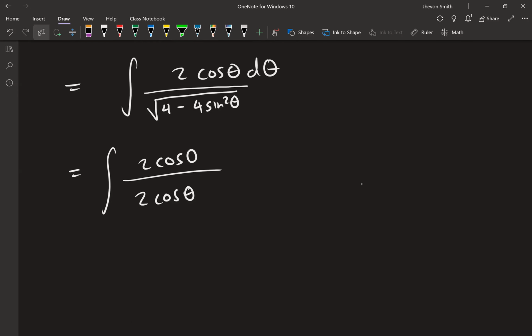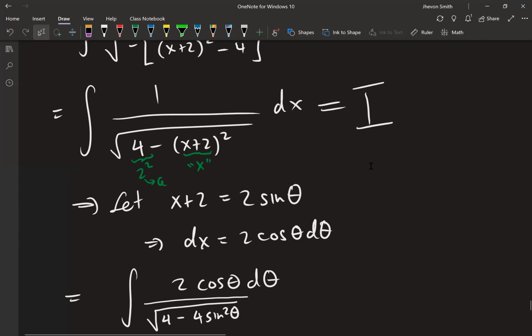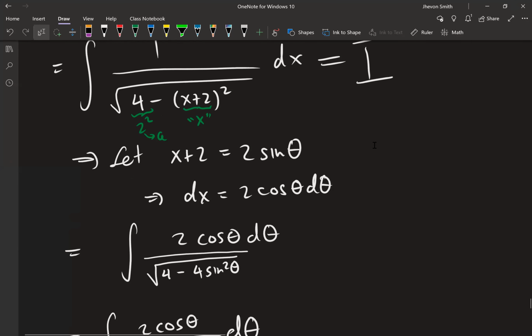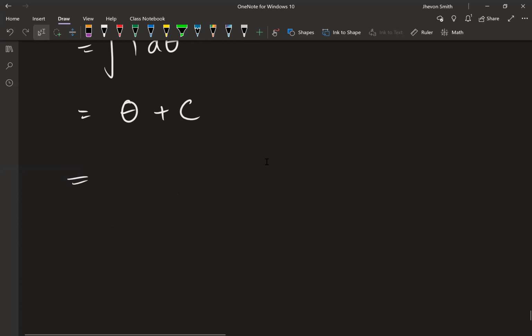On the top you have 2 cosine theta d theta. This is just the integral of 1 d theta, so you integrate that and you just get theta plus c. Here you don't really need any extensive back substitution because your theta is just going to be this sine inverse here.